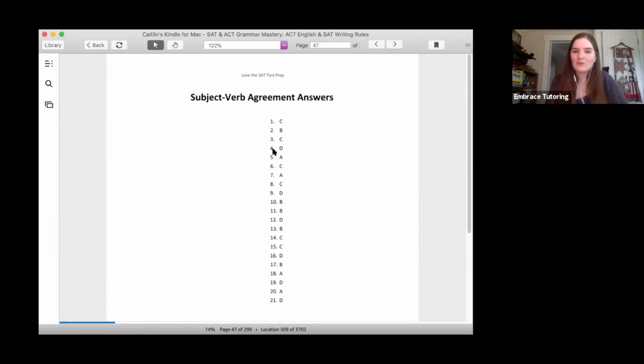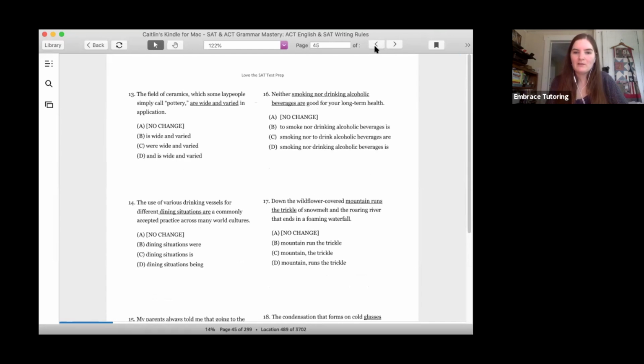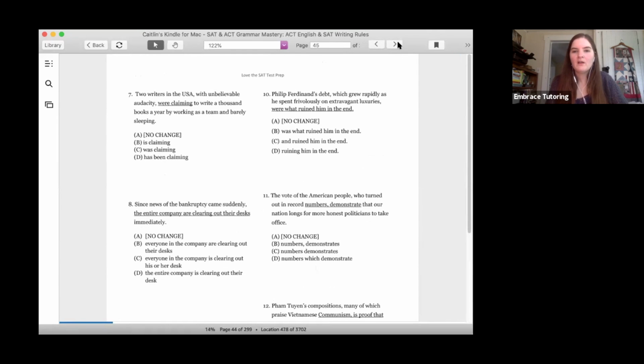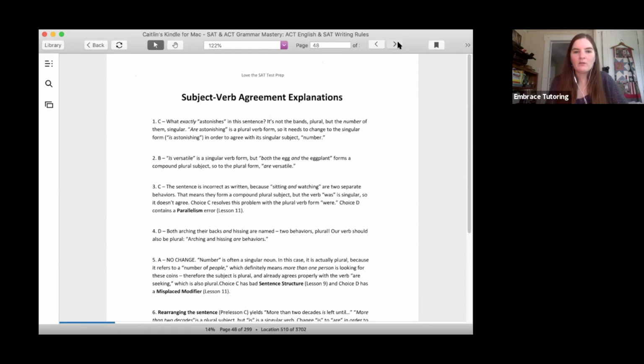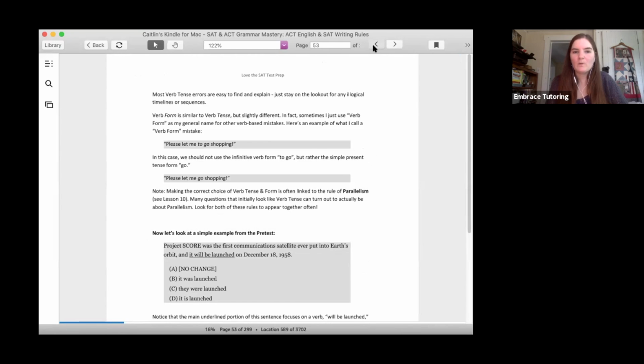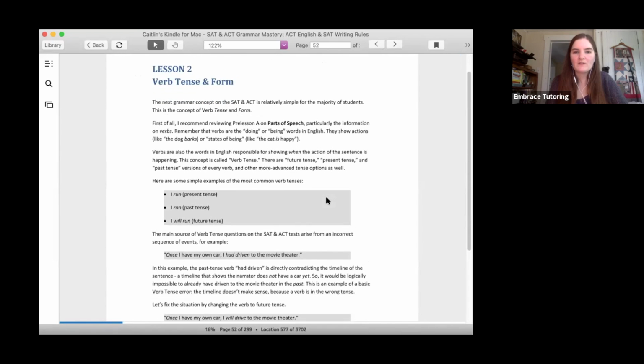So they said D, which is what we said for 4. And then for 6, they said C, and we said C. There are, yeah. Okay. I want to look at one more quick grammar concept. They have explanations too, which are really helpful for students, but we just discussed it.